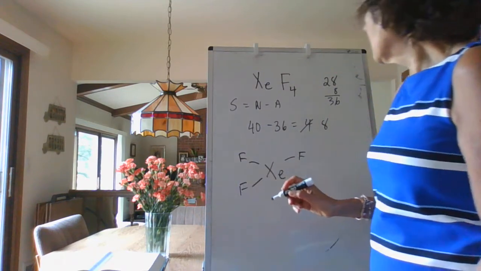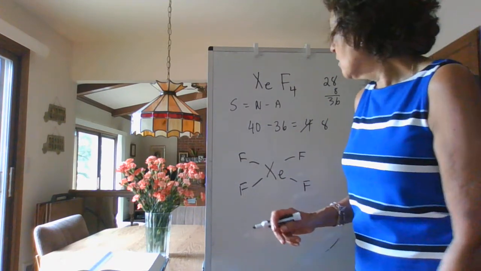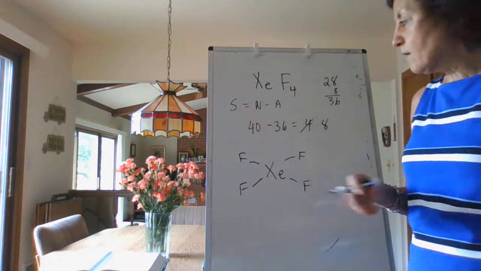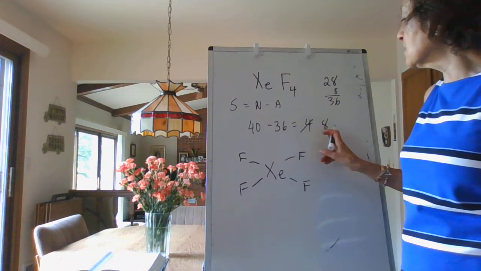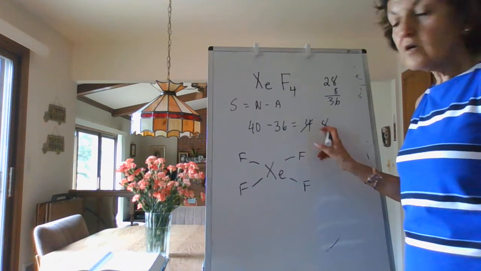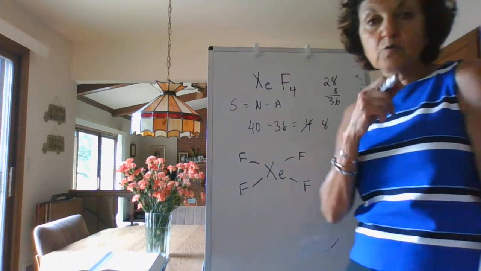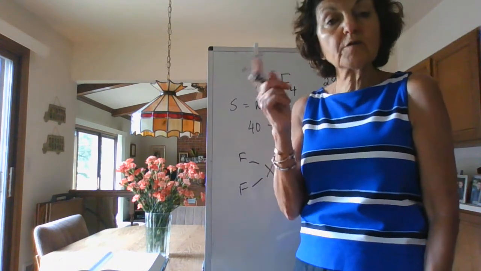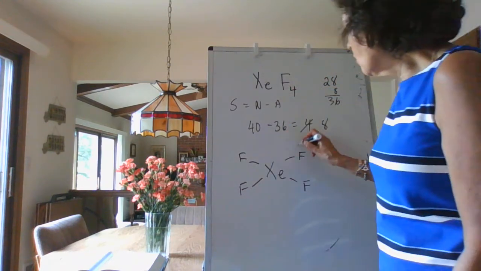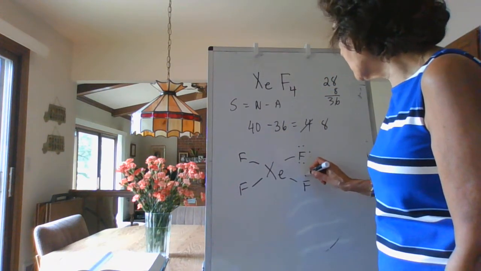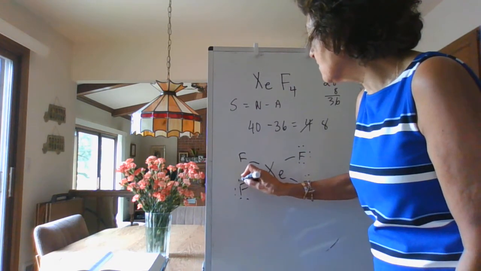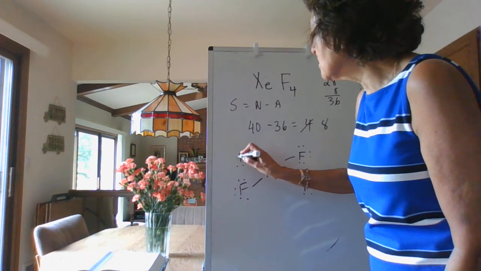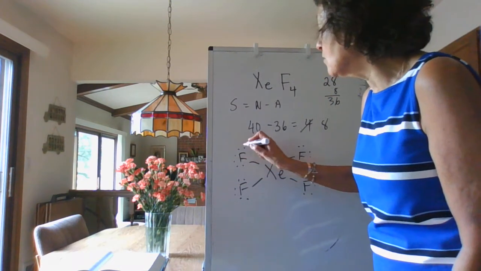Okay, and how many do we distribute now? It's not 36 minus 4, it's 36 minus 8. 36 minus 8 would be 28. So let's distribute 28 electrons. 1, 2, 3, 4, 5, 6, 7, 8, 9, 10, 11, 12, 13, 14, 15, 16, 17, 18, 19, 20, 21, 22, 23, 24.